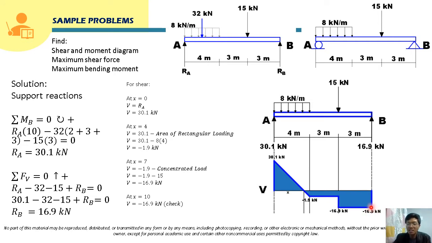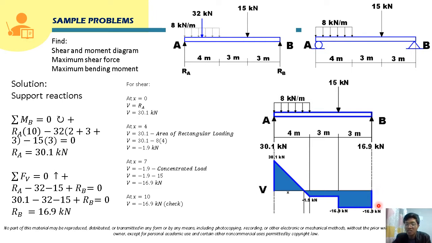So class, for this negative 16.9 kilonewton, if you sum up the reaction here, which is 16.9, that will become negative 16.9 plus 16.9. This is positive, since this is upward. Negative 16.9 plus 16.9, class, that will be 0. So the shear diagram will go back to 0 here.